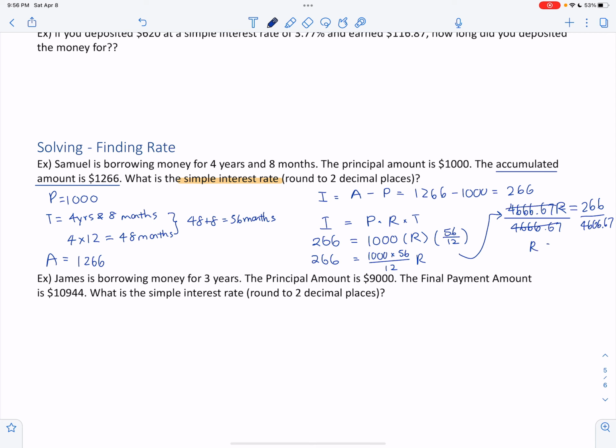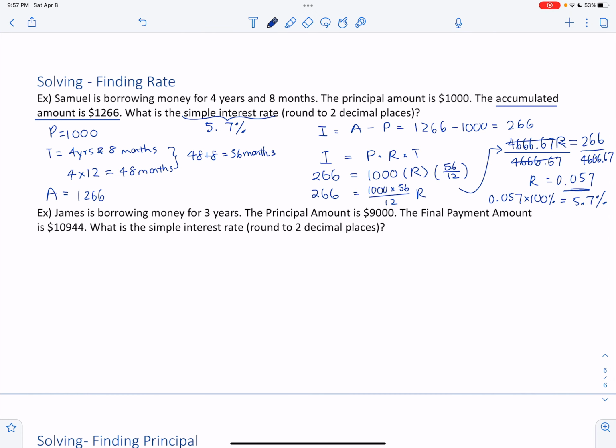Cancel, cancel. R equals, it's going to be small, 0.057. Again, this is not an interest rate yet. If you're looking for the interest rate, you have to multiply this by 100%. This is 5.7%. So the simple interest rate here is 5.7%.